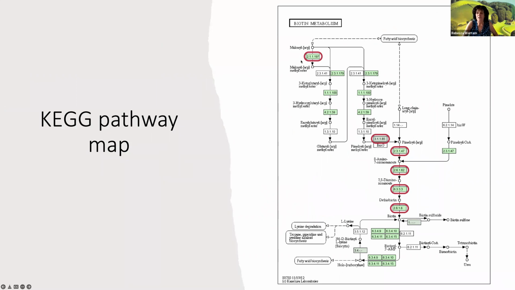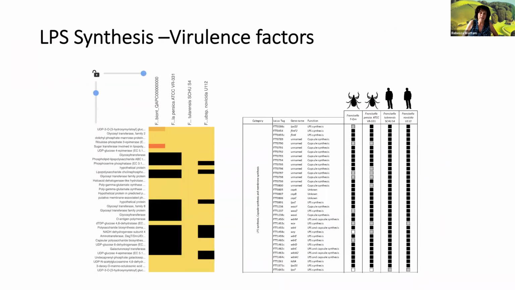I went ahead and circled the genes that they were looking at in their diagram here, so that they were looking at this particular part of this KEGG map. And then finally, for the LPS, the virulence factors, I concentrated just on the LPS synthesis and ordered them the same way.